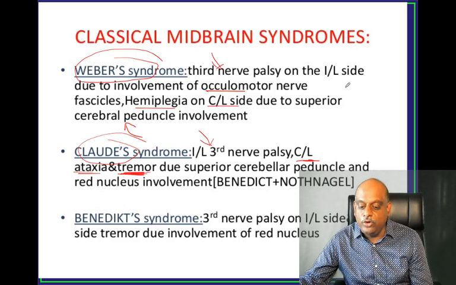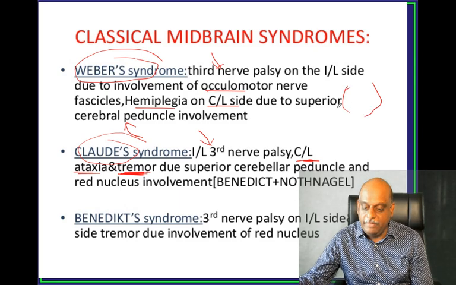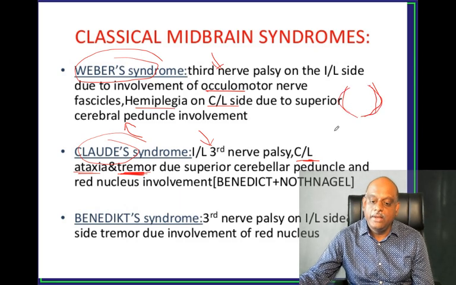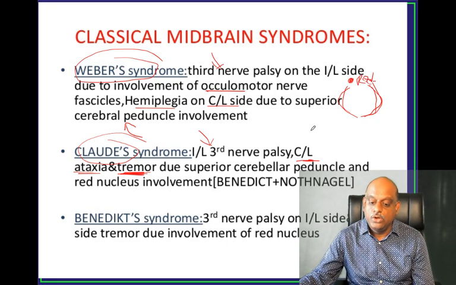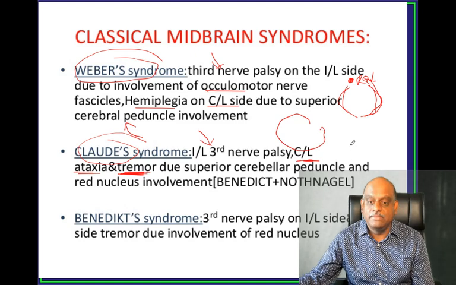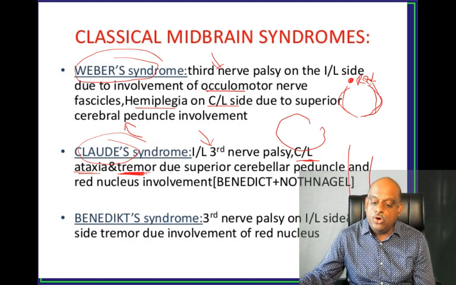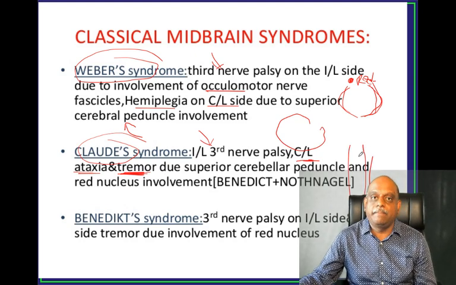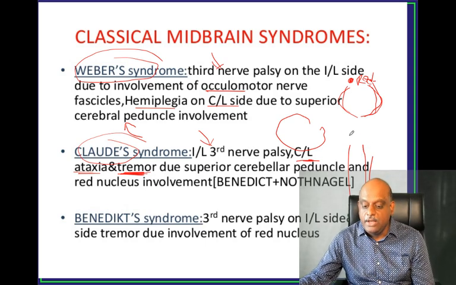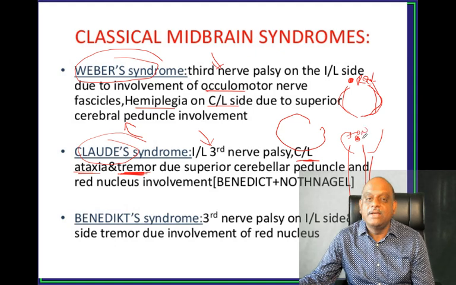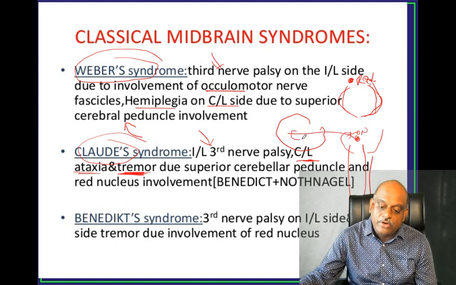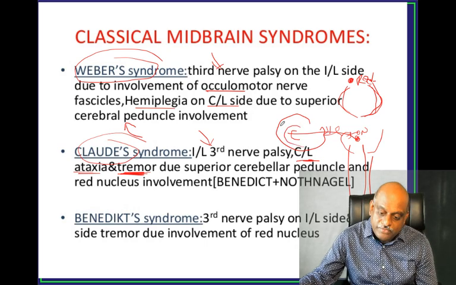So typically if you look at the midbrain, doctor, in the midbrain there is something called the red nucleus. So you have the cerebellum, you have the spinal cord, all sensory information passes through the spinal cord. In the medulla it will reach the inferior olivary nucleus. From the inferior olivary nucleus, through the inferior cerebellar peduncle, it will go to the cerebellum.